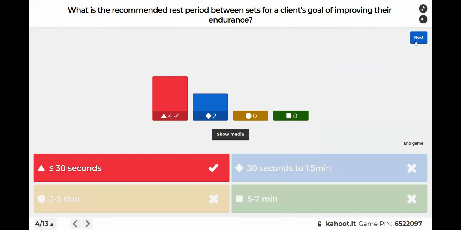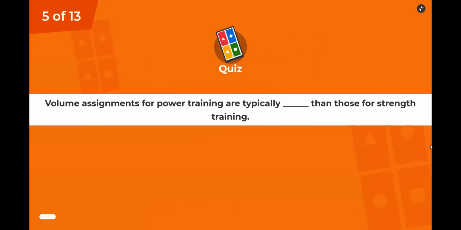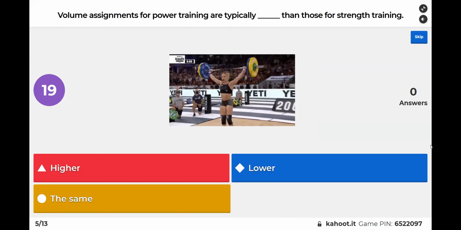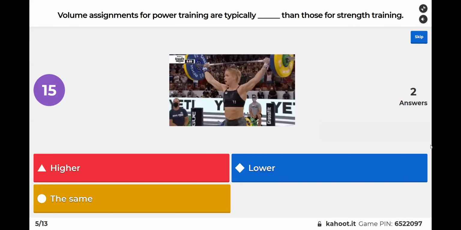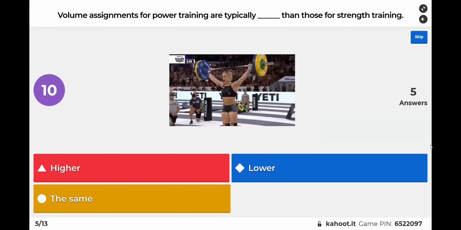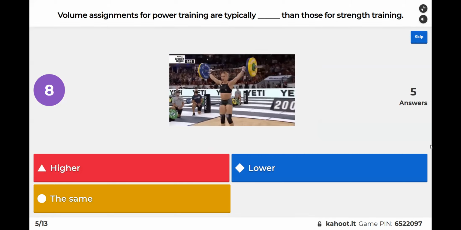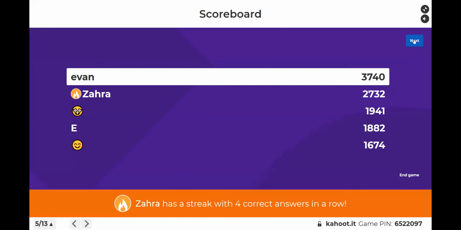Muscular endurance, 30 seconds or less. They are lower. We talked about that, right? A lot of focus on technique and lots of motor unit recruitment, lower volume.